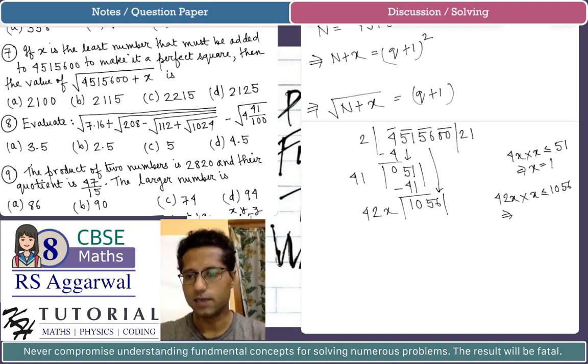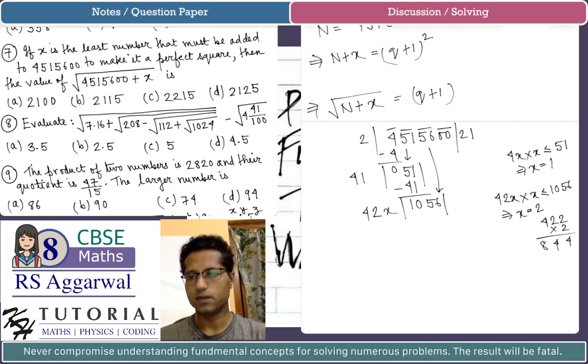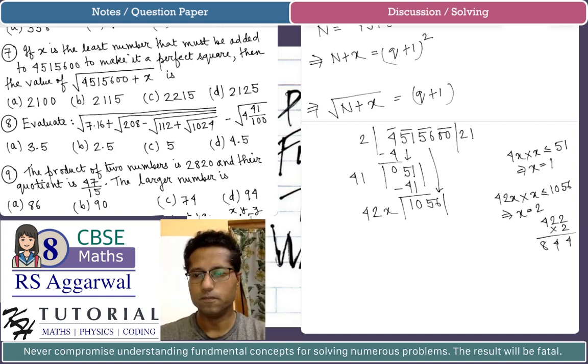No. I think x will be equal to 2, because 422 multiplied by 2 is 844. It cannot be 3 because it will exceed 1056. So x will be 2. You append 2 with the quotient.